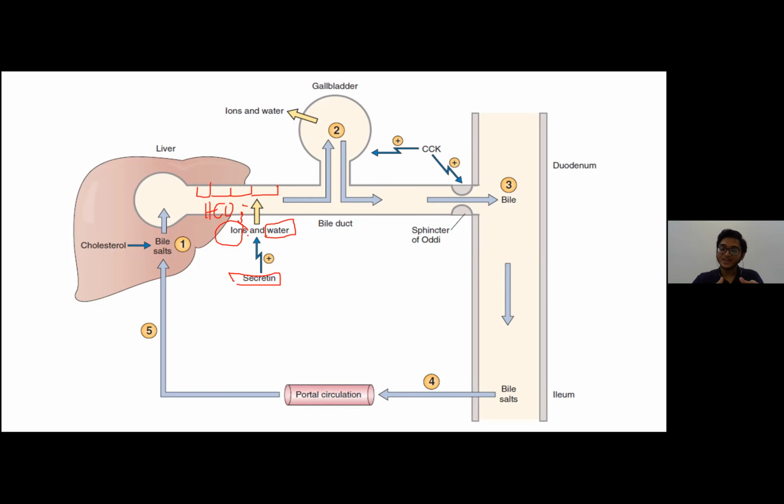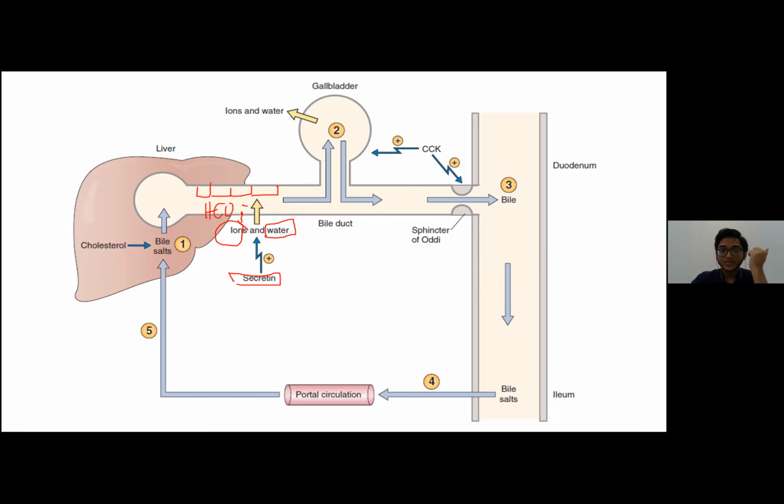When you have bicarb in the duodenum, pH will go up because that acid is neutralized, and this will inhibit secretin secretion. So it's just a negative feedback loop. Acid stimulates secretin, secretin stimulates bicarb, bicarb neutralizes the acid, neutralization of the acid decreases secretin. You need to know this process. This is important for you to know. It comes up in our exams as well, in the GI exam and in USMLE.